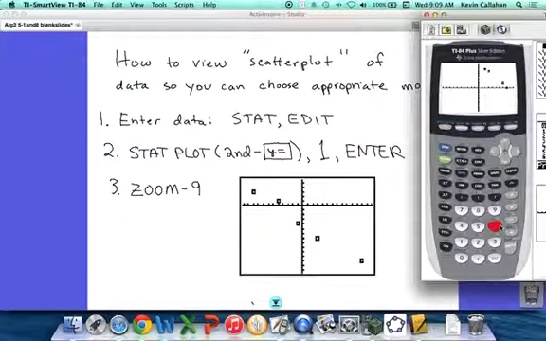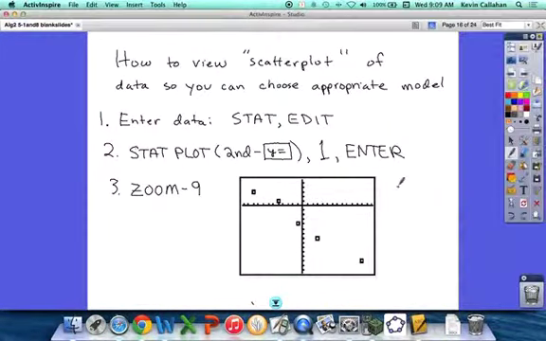So if you wanted to go to just the points you put in, you go zoom stat, which is zoom 9. So we just hit zoom, and you don't have to scroll down, just hit 9. Zoom 9, and you should see your points. And your points should look like this. So zoom 9 brings the graph to those points that you just put in the calculator.